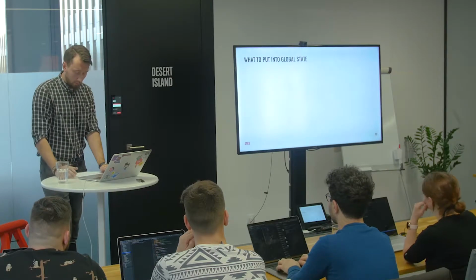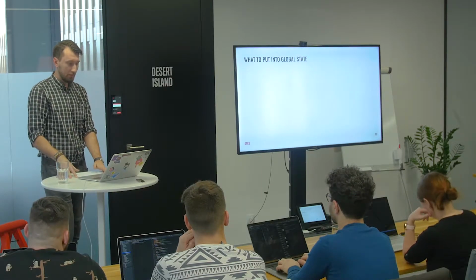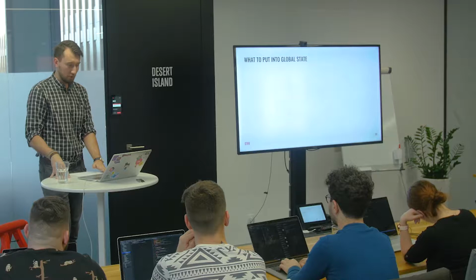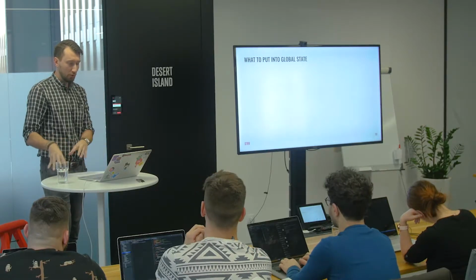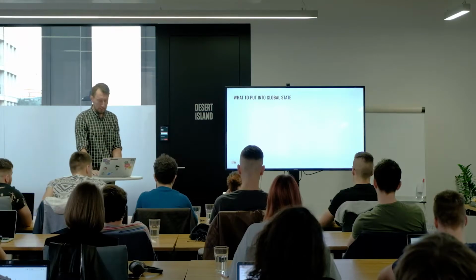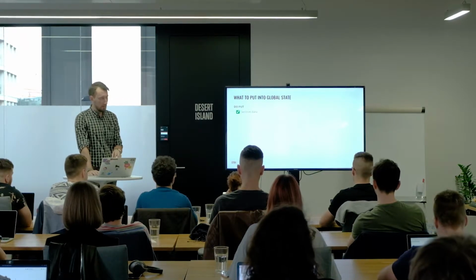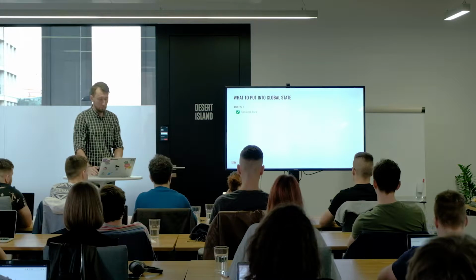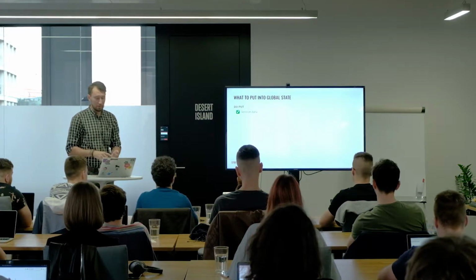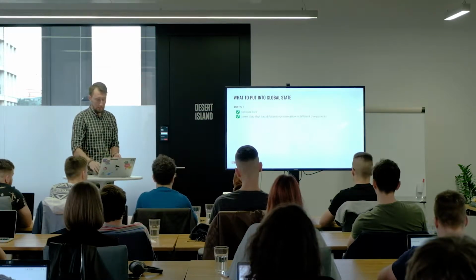To give more concrete examples, I have a few suggestions as to what should and shouldn't be put in global state. Usually you do want to put in global state information like session data, which may include the current user information and tokens.